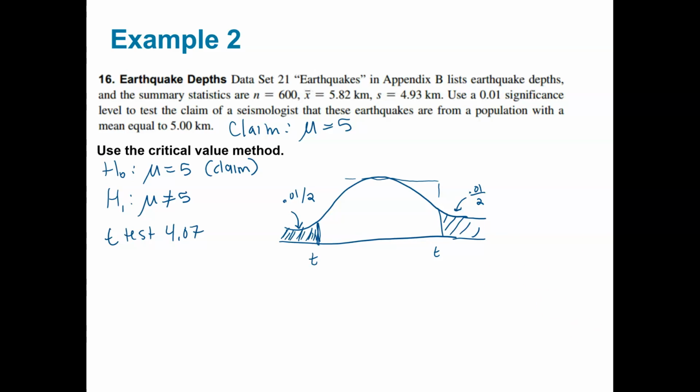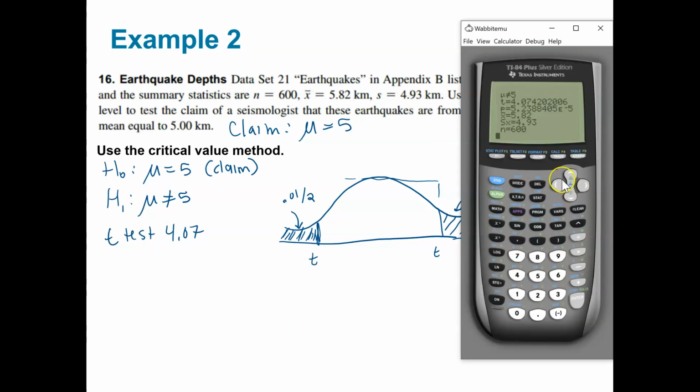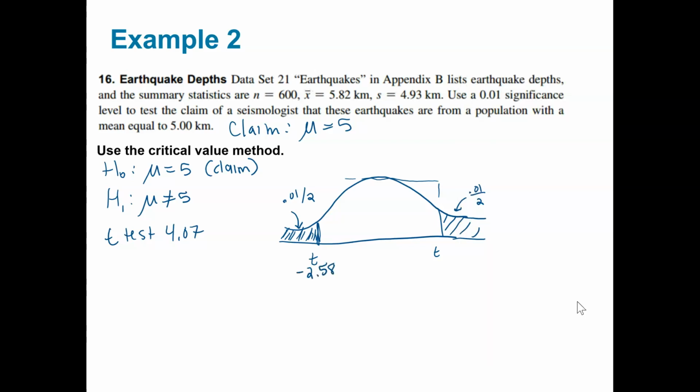So we'll just do 0.01 divided by 2. So, ooh, too slow. It kicked me out, I guess. Let's go back here. So we're going to do 0.01 divided by 2. And the degrees of freedom is 599 because it's 600 minus 1. And so we get the critical value is negative 2.58. Which means this critical value is symmetrical 2.58.